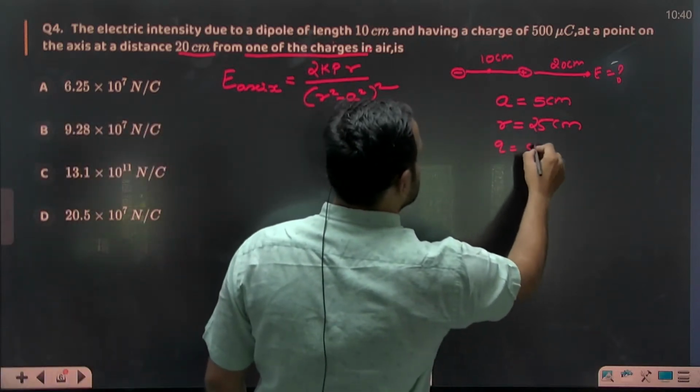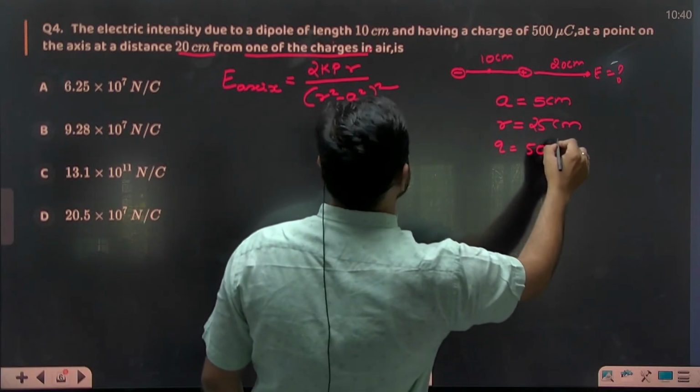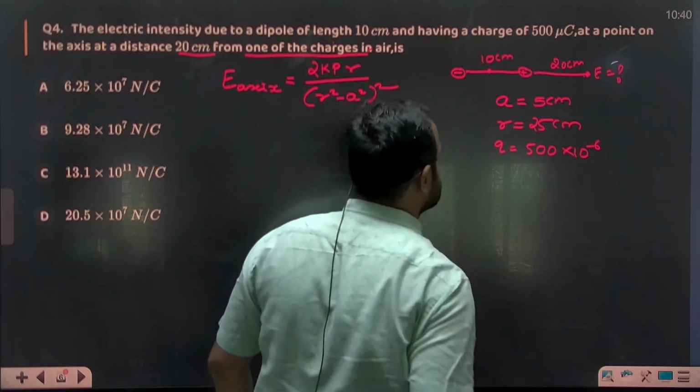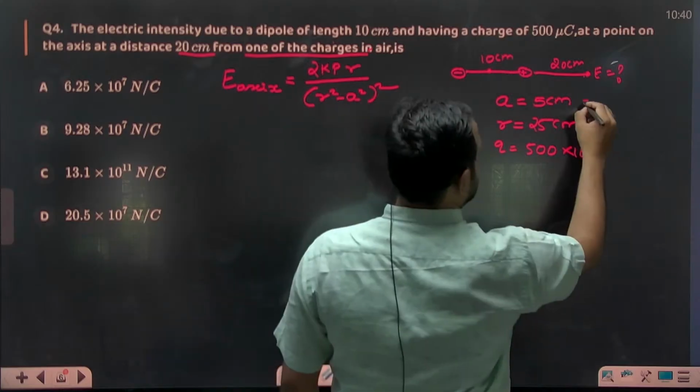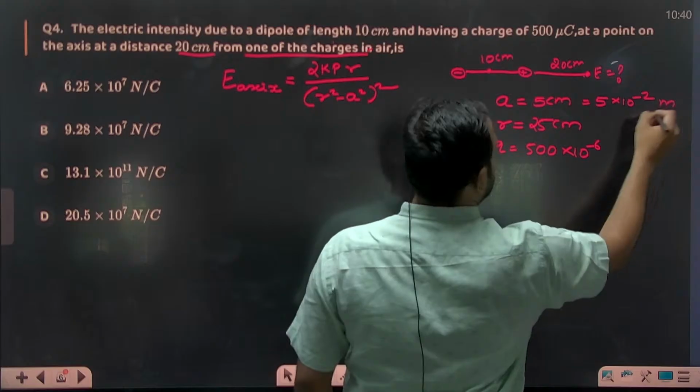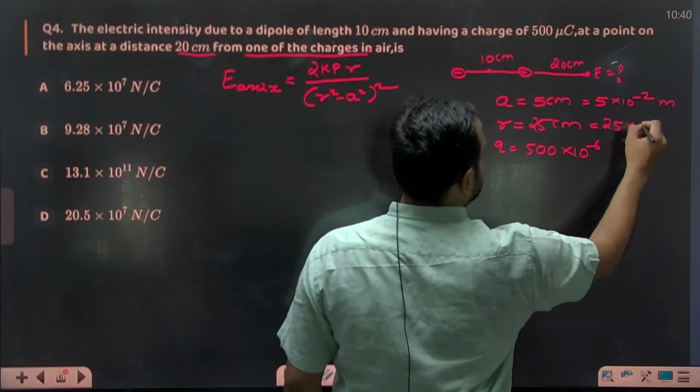And what is the charge on each of them? Charge on each of them is 500 into 10 power minus 6. This 5 centimeter I write as 5 into 10 power minus 2 meter. This 25 centimeter I write as 25 into 10 power minus 2.